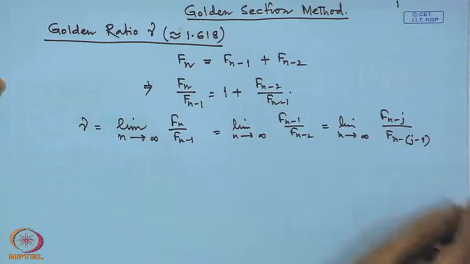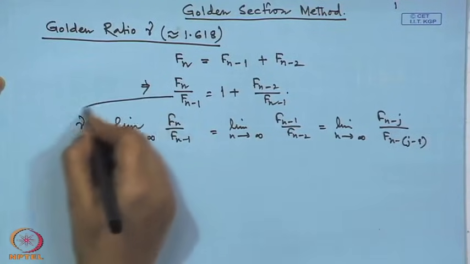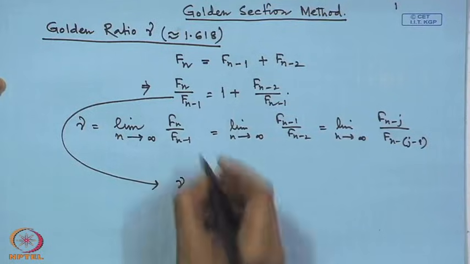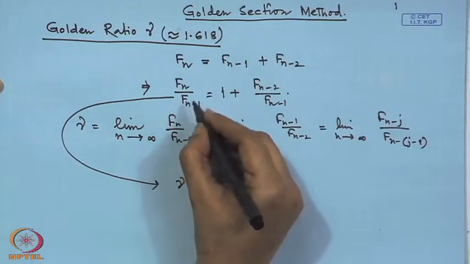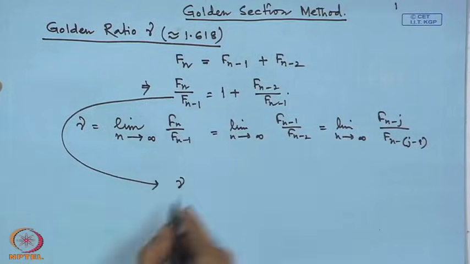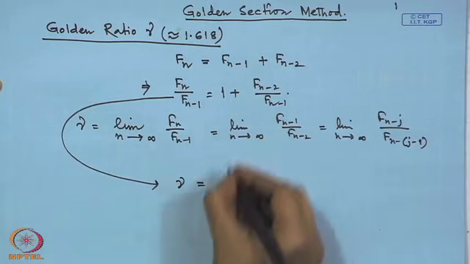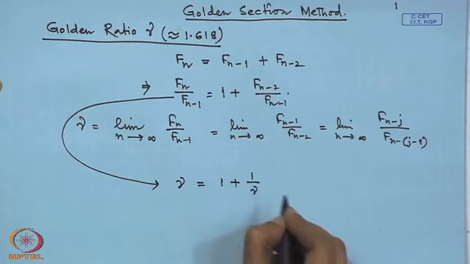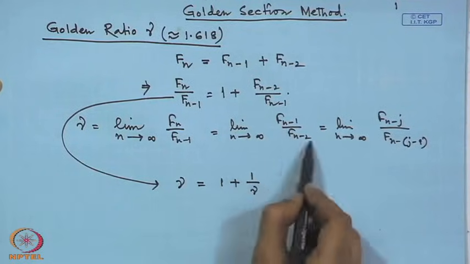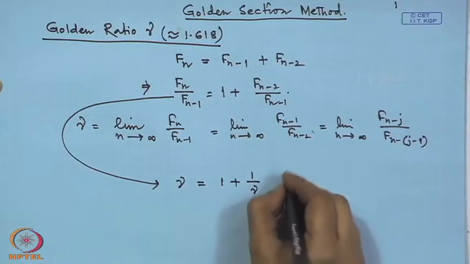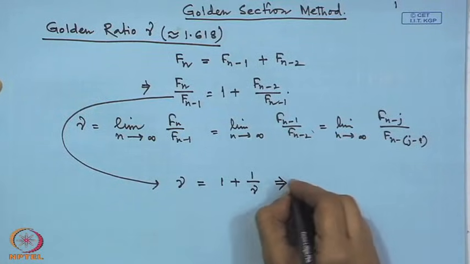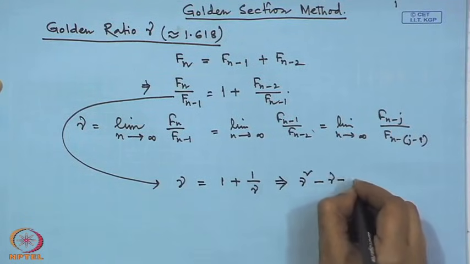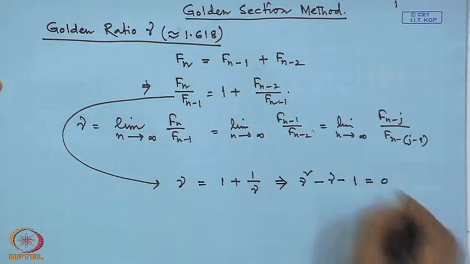If this is so, then this equation can be written, by considering n tending to infinity, Fn by Fn minus 1 equal to gamma, gamma is equal to 1 plus 1 by gamma, because this value is gamma only. From here we get a second degree equation, gamma square minus gamma minus 1 equal to 0.